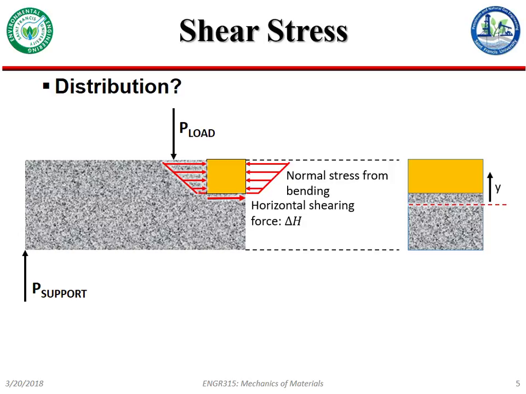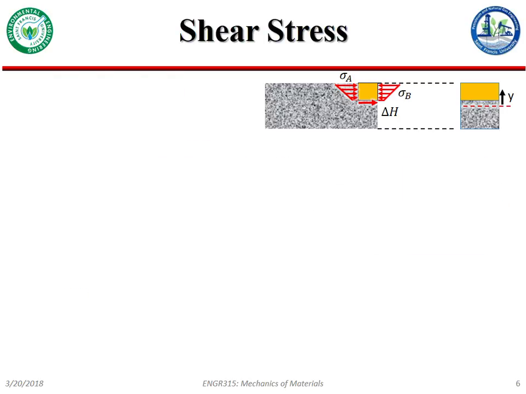So if there's some normal stress, there has to be some normal force, right? So you have two normal force distributions, and you also have this horizontal shearing force, delta H. Between those three, that stress cube needs to be in static equilibrium.